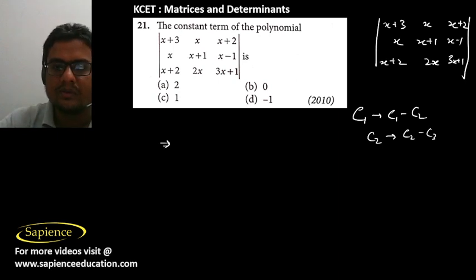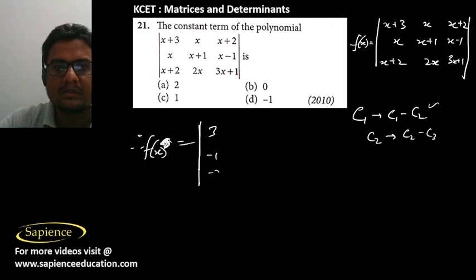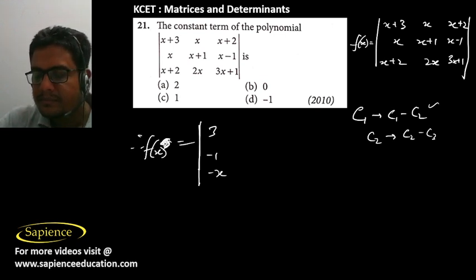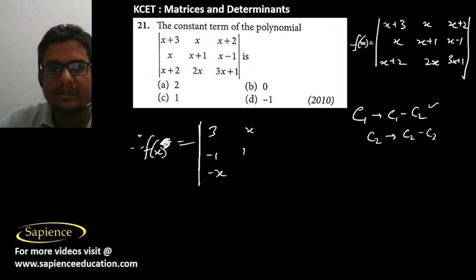So if we do the first column operation, then that is equal to the determinant of, so let's call it as f of x. So therefore f of x will be equal to the determinant of c1 goes to c1 minus c2, so that is 3. This is minus 1, and this is x plus 2 minus 2x, that is minus x. And this is x minus x plus 1, 2x, x plus 2, x minus 1, and 3x plus 1.